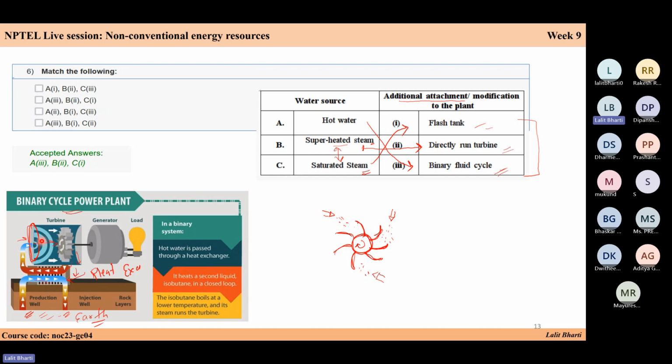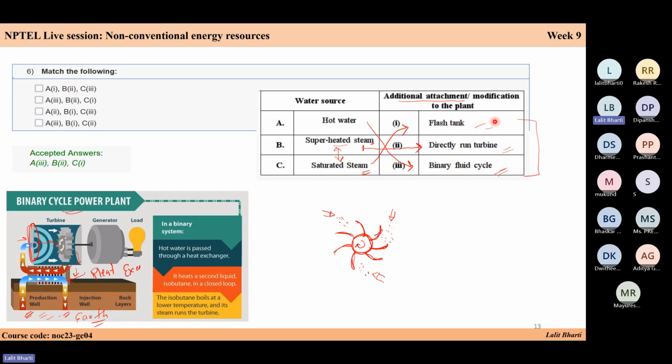By rotating the turbine blade, which is attached to the generator, you will get electricity through the rotation of the generator. Superheated steam means the steam having a temperature more than the saturated state. Saturated can be near 100 degrees Celsius, just higher than 100 degrees Celsius. But superheated is at very high temperature and high pressure relative to saturated steam.